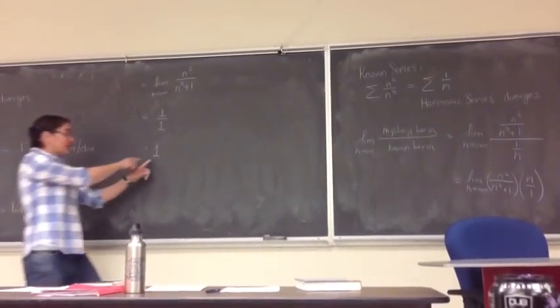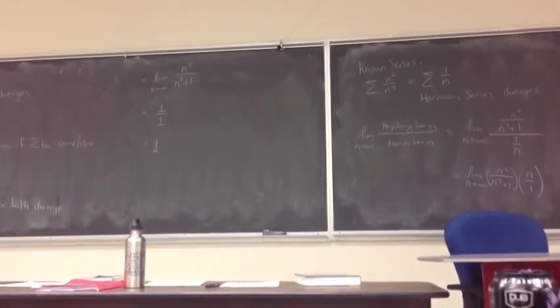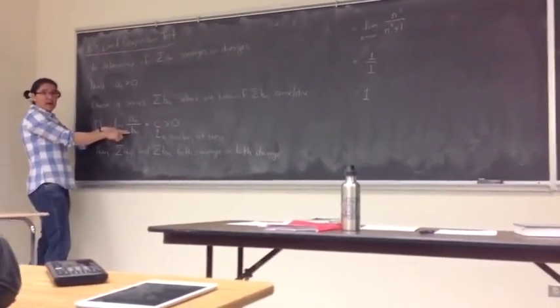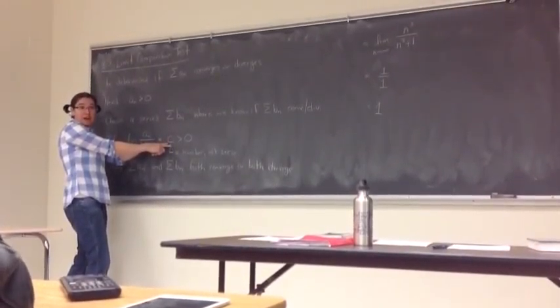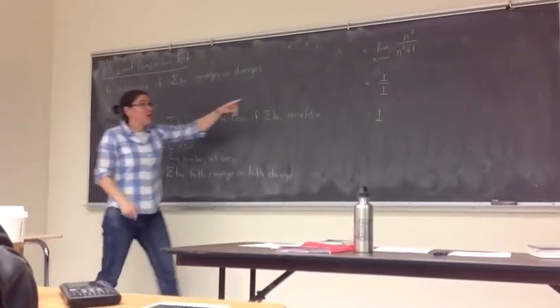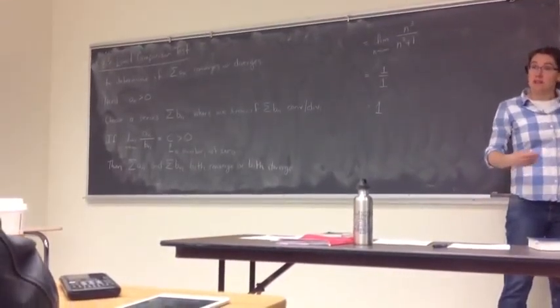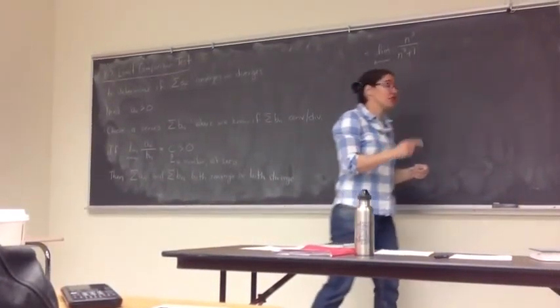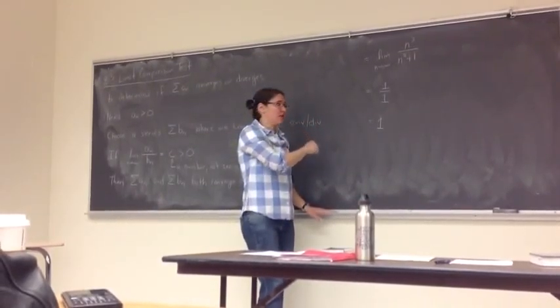Okay, this number that I came up with at the end, let's look back at our limit comparison test. It says, all right, if we take our mystery terms divided by our known terms, and we get a number that's not 0, that tells us that our known series was a good comparison choice. So this limit calculation is showing that our known series is a good comparison.